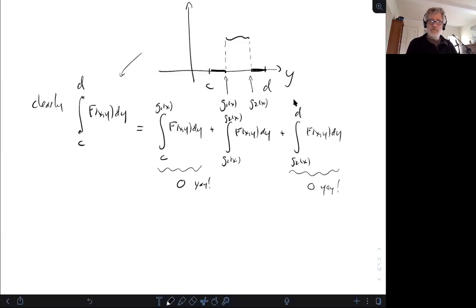Right? And over here, big F is the same as little f. So this is the graph of little f. So this thing is equal to the integral G1 of X to G2 of X of little f. Right.